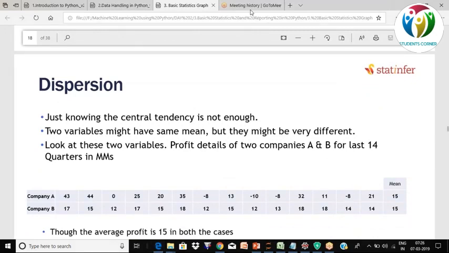Yes, anyone aware? Okay, I'm just saying variance and standard deviation is how data is distributed.